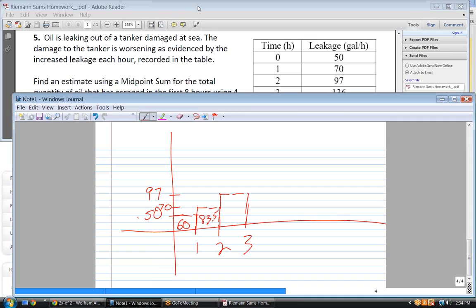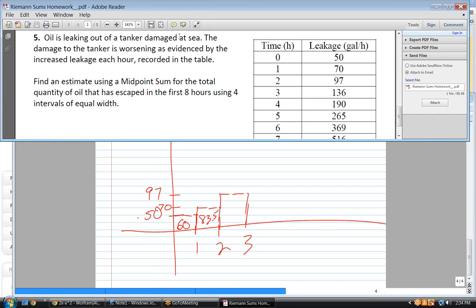Notice that this leakage is a rate. Whenever you are given stuff that is a rate, you know you are looking at a first derivative. It's like velocity. If they give you a velocity graph, you're not looking at position, you're looking at the velocity, the rate of change. Well, this is a rate of change.